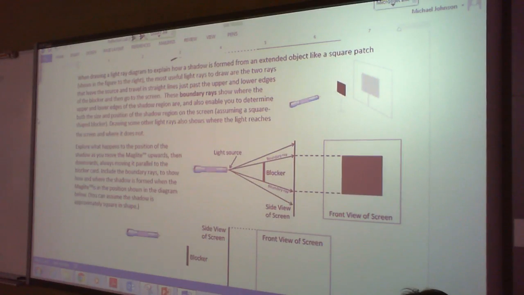So here's some important rays: those boundary rays, the ones that hit the side of the blocker.